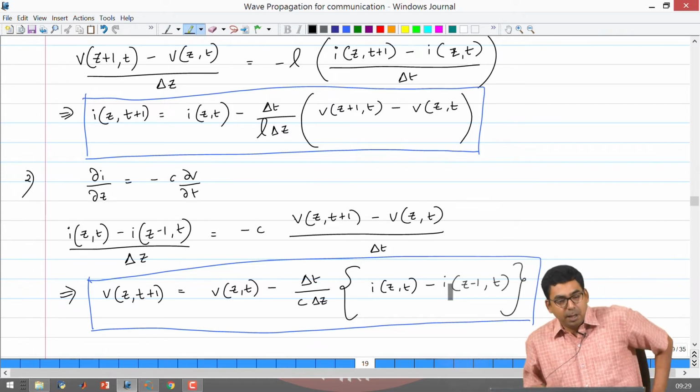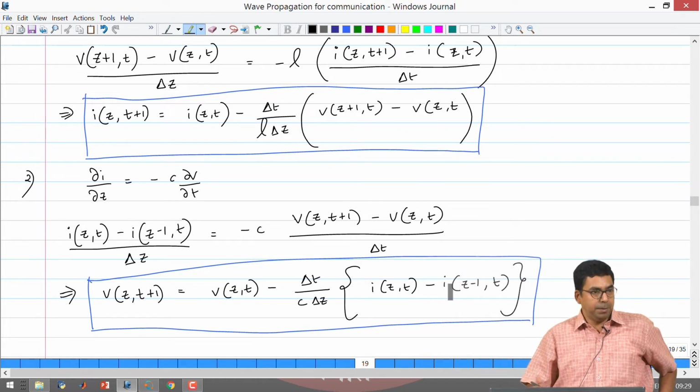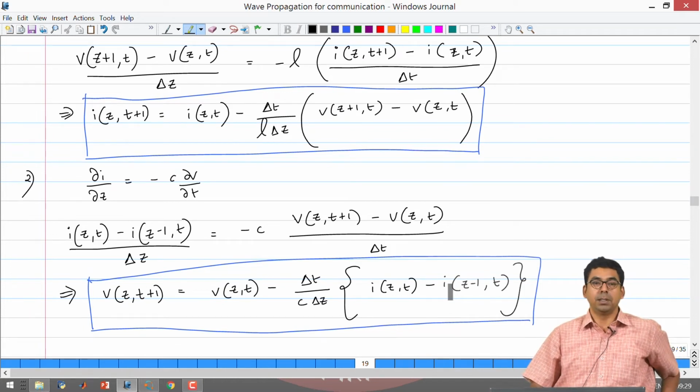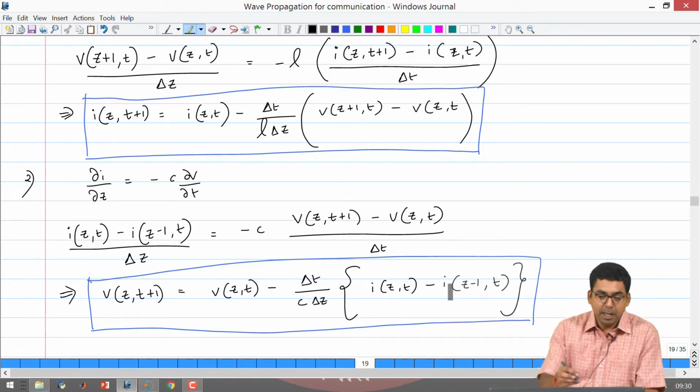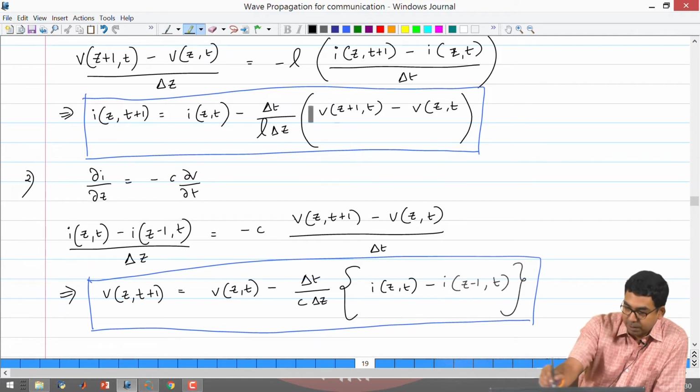Now these equations are not independent, they are coupled partial differential equations, and we have not solved coupled partial differential equations before in this course. So we need to know a strategy on how we are going to do it. For any given position, let us say that we will calculate the current first. So I have written this equation first.